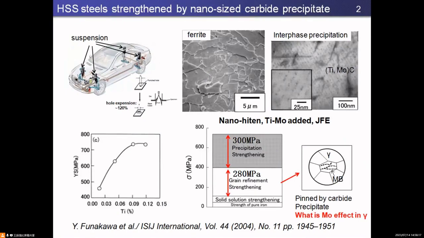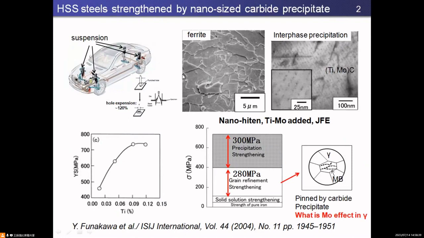They are used in the production of vehicle suspensions due to their good mechanical properties, including high strength, high ductility, and especially an excellent hole expansion ratio of up to 120%.